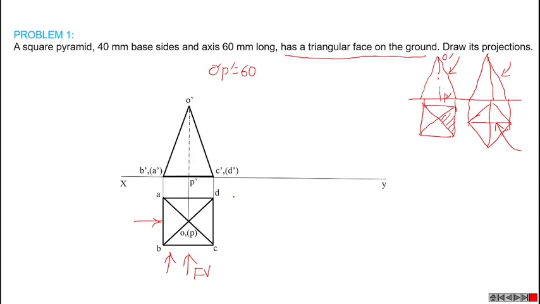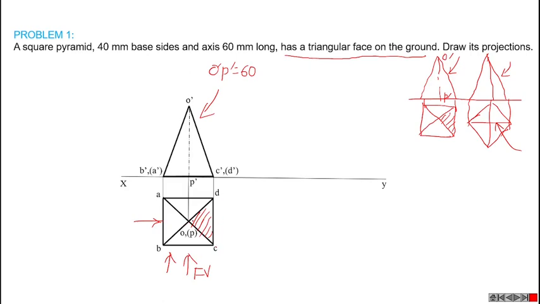Okay. Then if the condition is the triangular face is on HP, then in its front view, this particular line is the front view of this triangular face CDO.